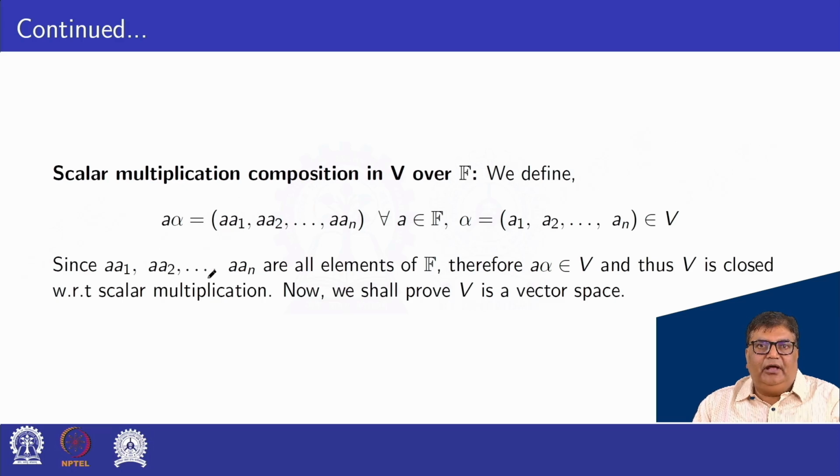These elements are elements of F. Therefore, a·alpha belongs to V. Now, we shall prove V is a vector space, meaning we have to check all the conditions of a vector space.